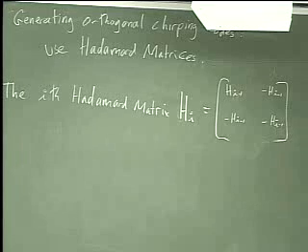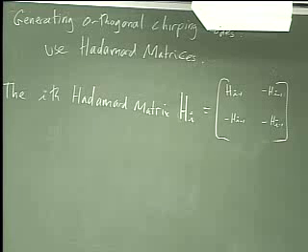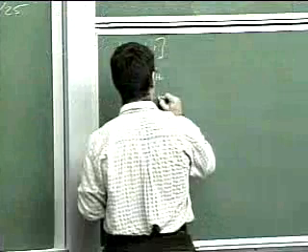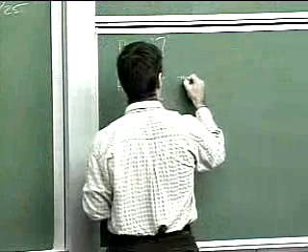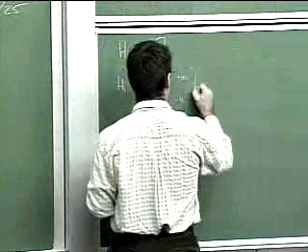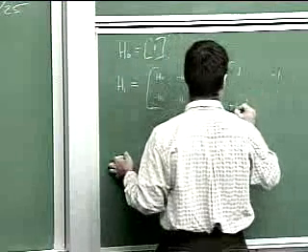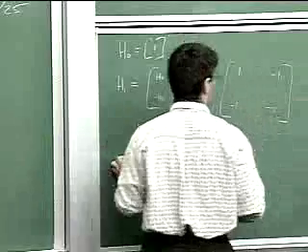So H sub 0 is going to be the matrix with a single entry 1. Okay, and then for H1, I'm going to take my H0s and put them in. So it's H0, H0, H0, minus H0, which is going to be 1, 1, 1, minus 1.